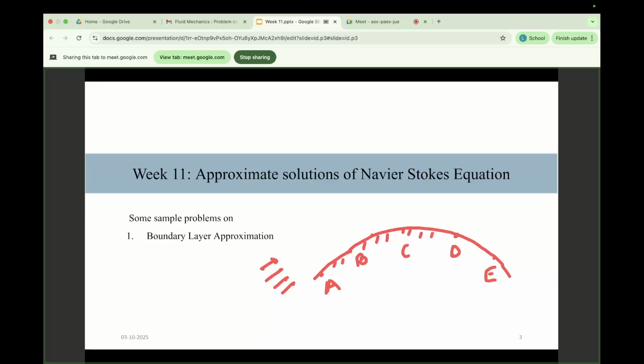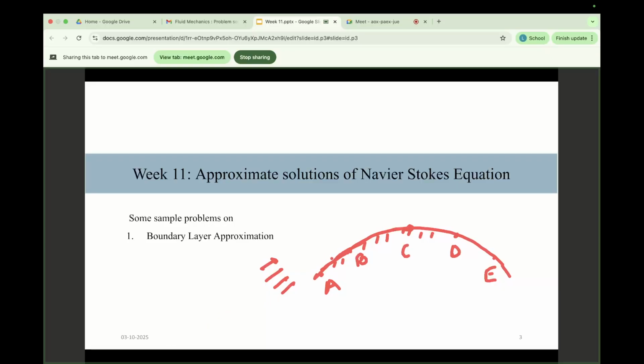In case of a flow over a flat surface, the whole surface is exposed to the flow, but in case of a curved surface, this whole surface is not exposed, right? So what will happen is that this velocity will slightly increase. Okay, this means this flow is accelerated once it is coming in contact with this curved surface.